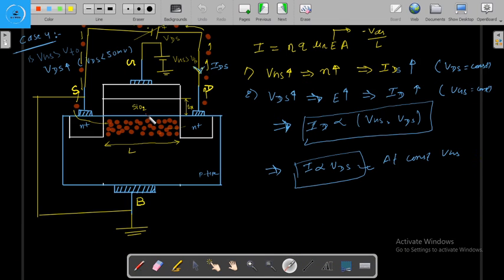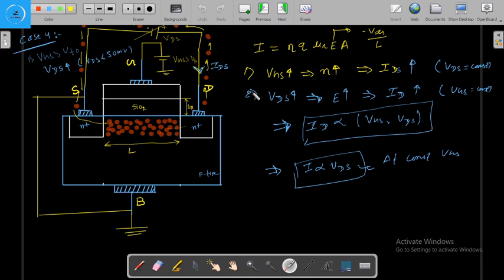Now we have seen what happens when we increase the VDS by a small amount. First we make the VGS greater than VT naught, that is the threshold voltage, and we increase the VDS. Then we have seen that the channel current flows.